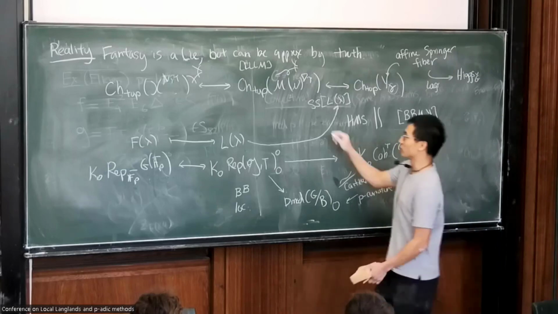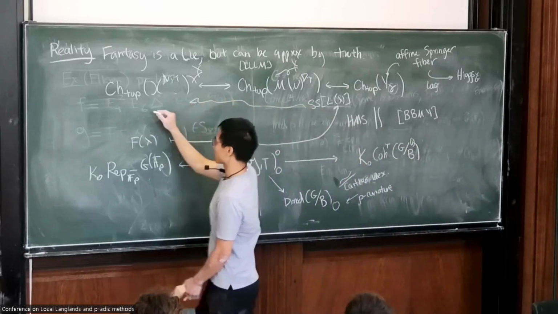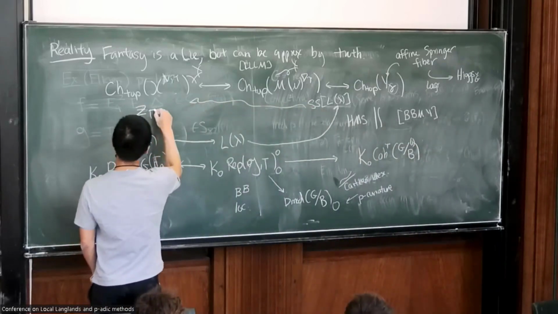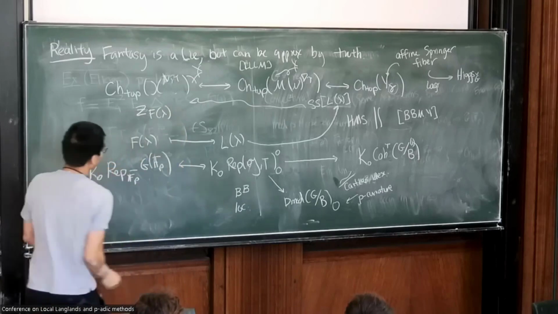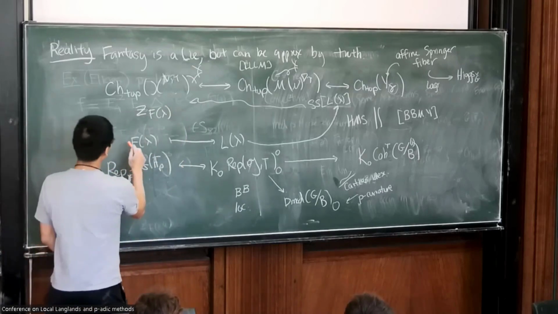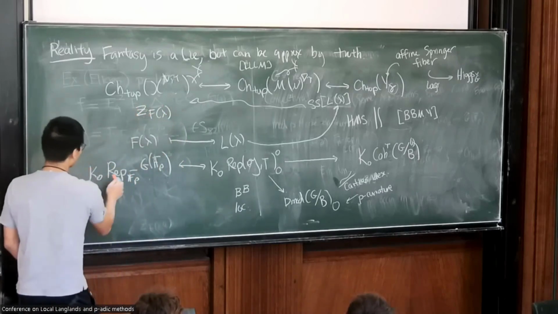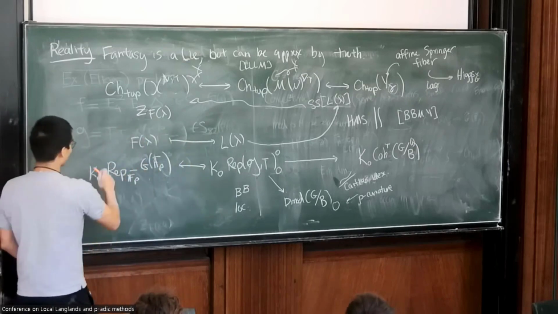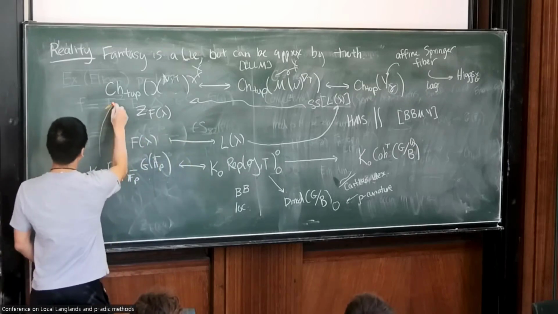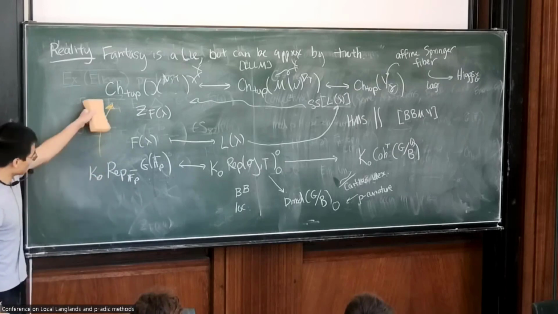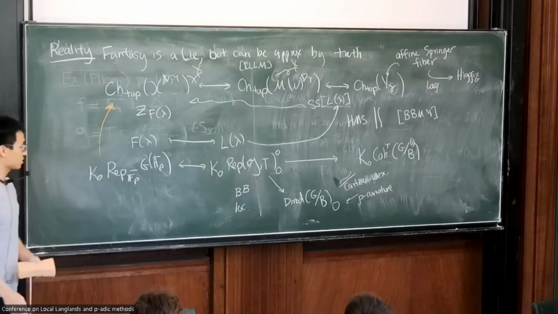And then one can undo this approximation and eventually get back to the Breuil-Mézard cycle for F lambda. So basically, the proposed construction of these cycles is following this rather convoluted path, and that's how one arrives at our candidate for these Breuil-Mézard cycles.